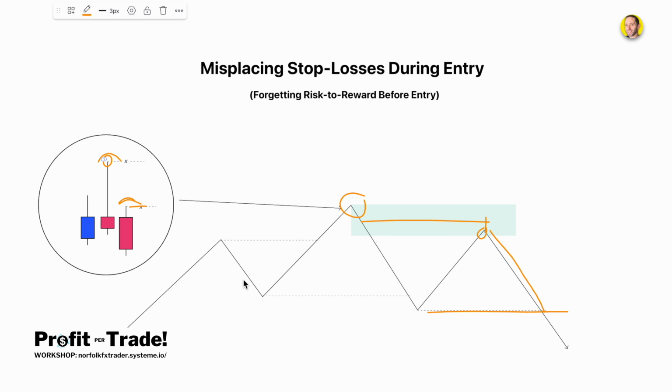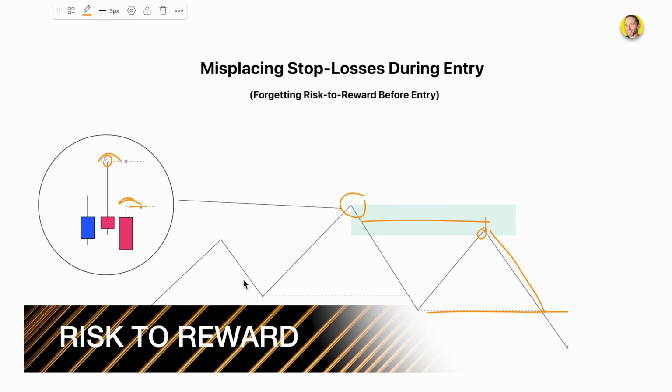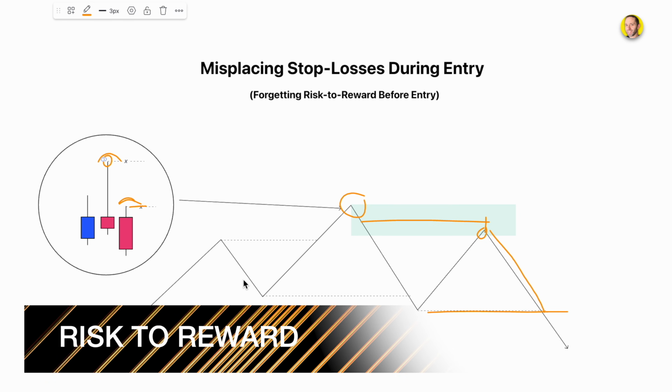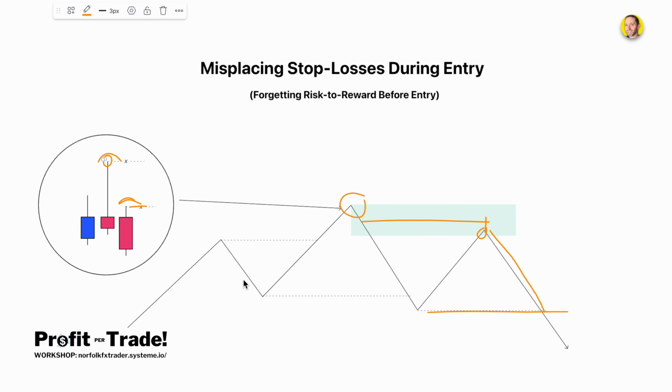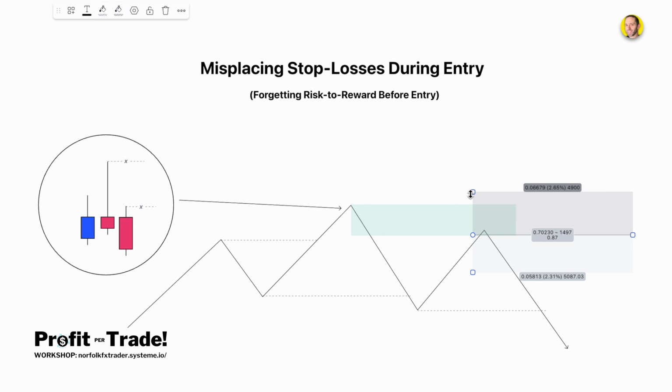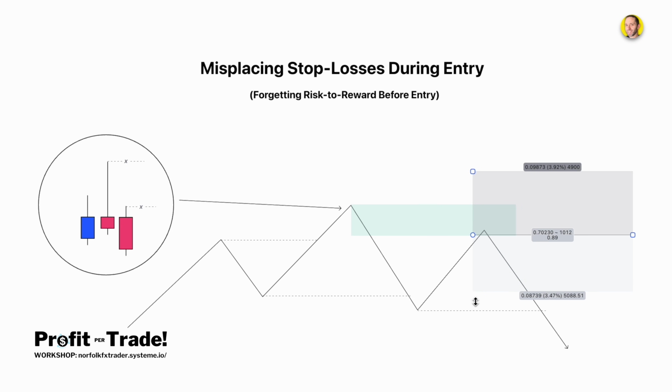Now, as long as you've got your stop loss placement correct, the next crucial point, and you want to make sure you're not making this common mistake, is checking your risk to reward before you take your entry. The worst thing you can do is take an entry, and you've gone and set everything up, it's all perfect, you've placed your stop loss above, let's say this swing high, this pivot move, and you've entered the trade.